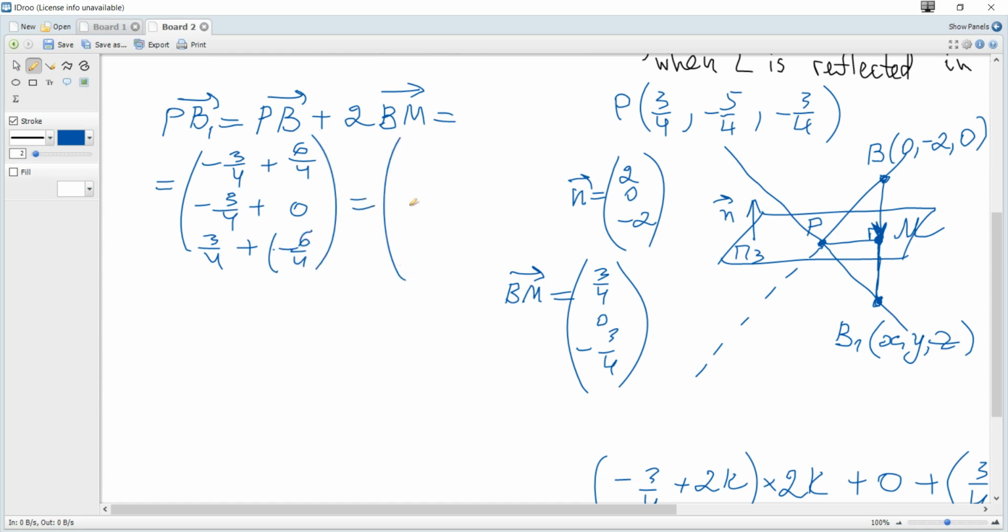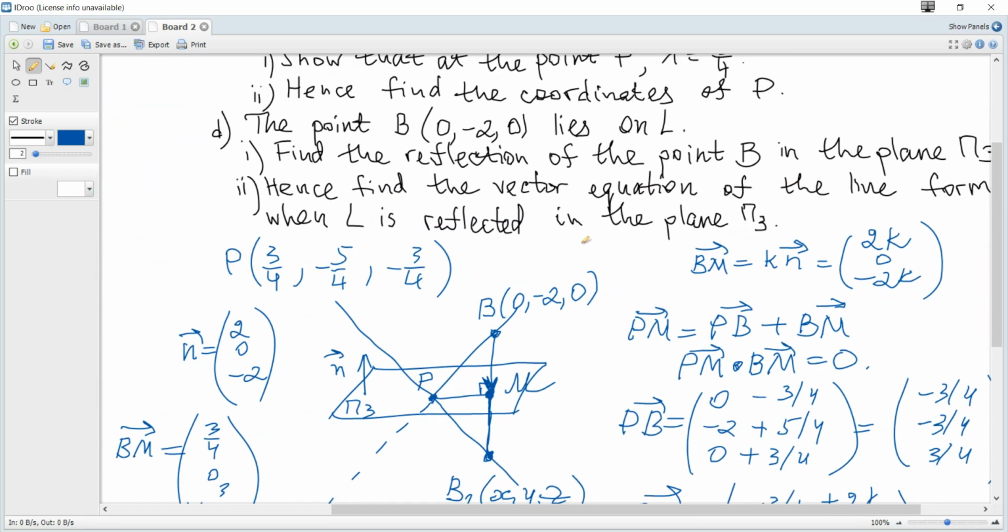Hence it's (3/4, -3/4, -3/4). That's PB1.